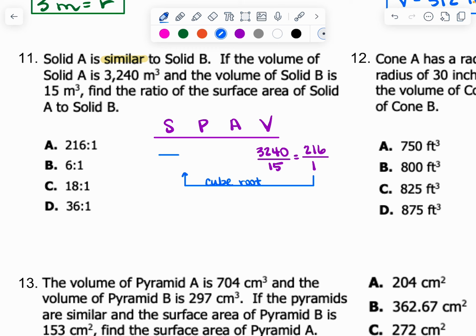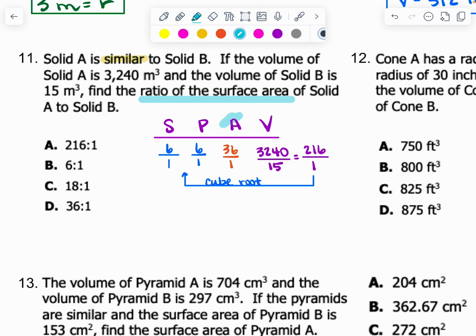So we're going to cube root, put little notes in here. There we go. So the cube root of 216 is 6, and the cube root of 1 is just 1, which of course means the perimeter ratio is also 6 to 1. But of course the area ratio would be the square of that, which would be 36 to 1.